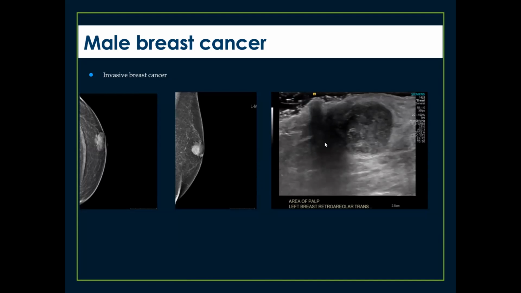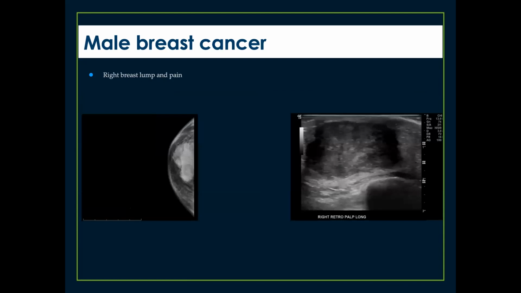A lot of what we're seeing here is just some shadowing from the adjacent nipple. Here's another case of breast cancer, much larger and more advanced disease. There's nipple retraction, skin thickening, and we see a prominent solid mass on ultrasound.